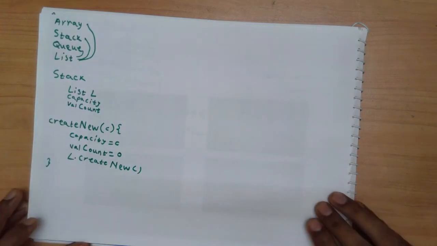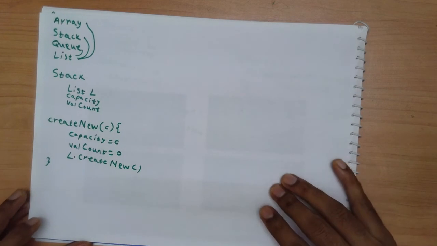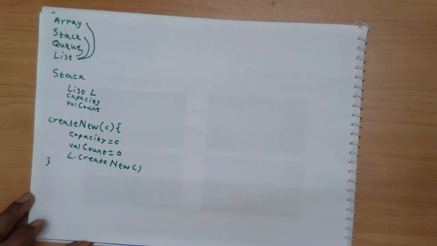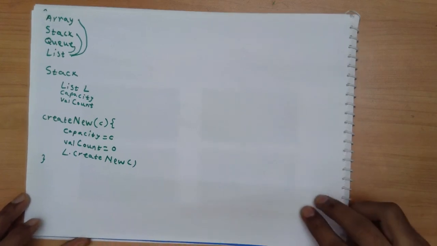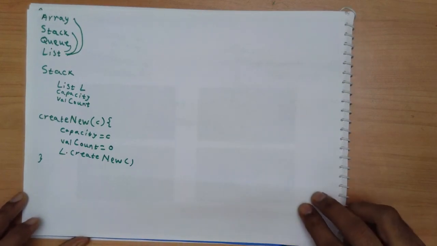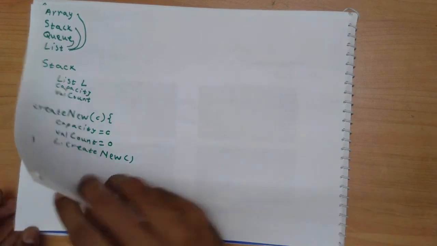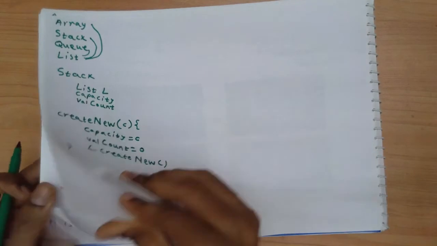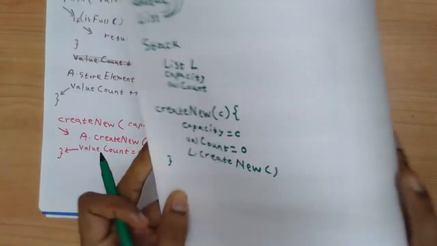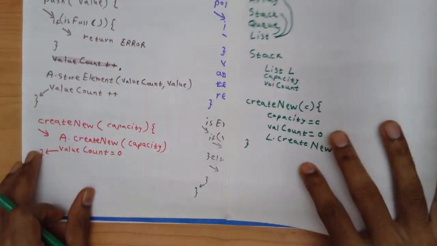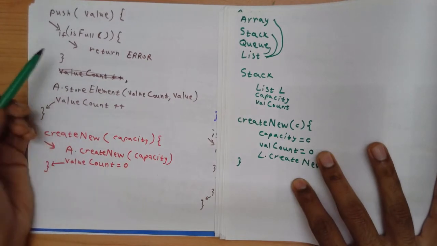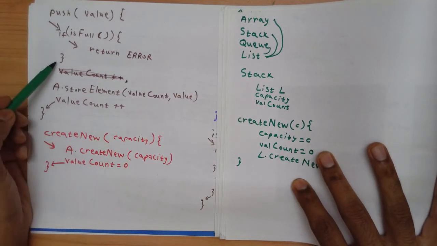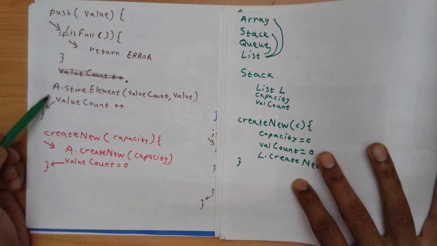And next operation that we need to talk about is checking if I need to push onto my stack. That's the main operation that we have to define. But if you remember, for stack, again let's go back and check what things we had. So when we created the stack, see, we said that first we have to check if our stack is full, and if it is not full, then we were storing the element.